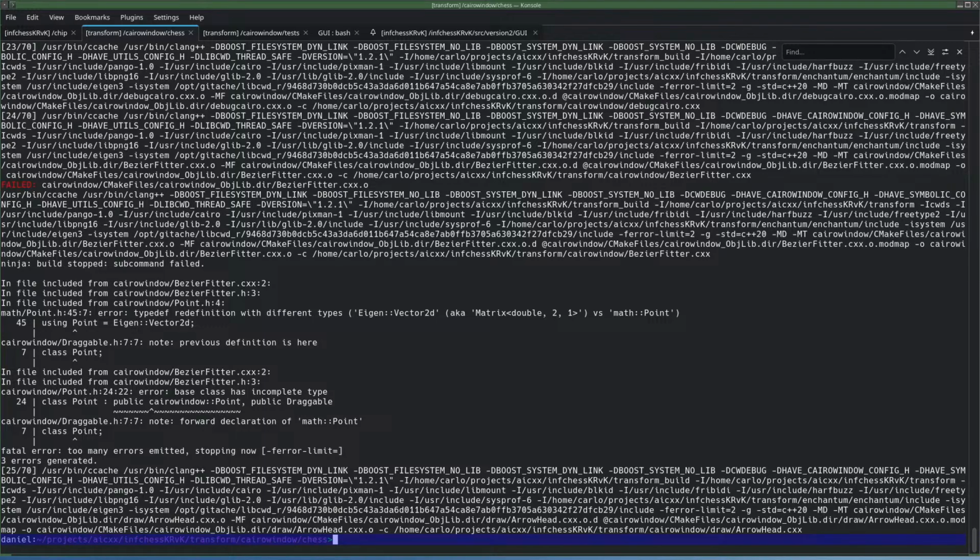Typedef redefinition with different types. I can vector, aka made of double stuff versus math point. Oh, I had a forward declaration.